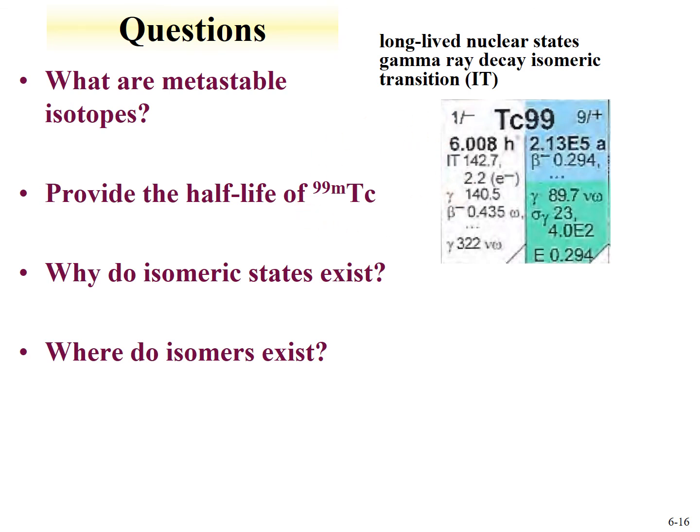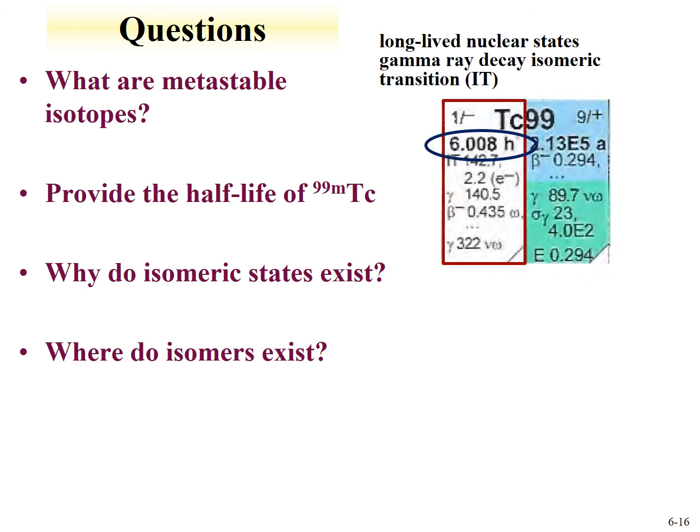So, provide the half-life of technetium-99m. This is something that you should be able to do. If we look at the chart of the nuclides, this is the technetium data, technetium-99. The technetium-99m, the metastable state, is to the left, and the ground state is to the right.